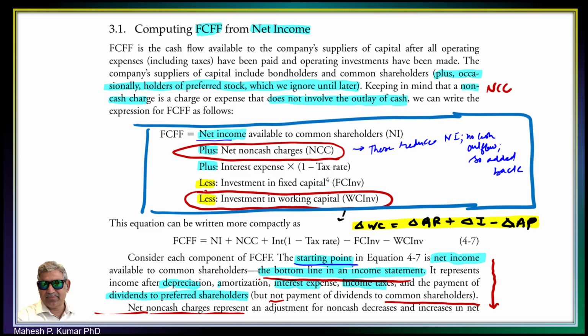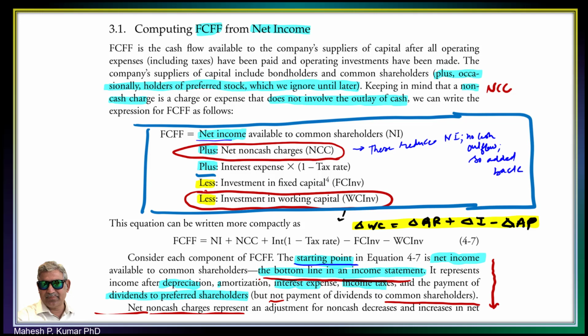And then we have to add interest times 1 minus tax. Why are we adding it back? Because in the income statement, interest net of taxes has already been deducted, but remember what we are calculating. We are calculating free cash flow to the firm. When we are talking of the firm, we are talking of both the suppliers of capital, debt as well as equity.